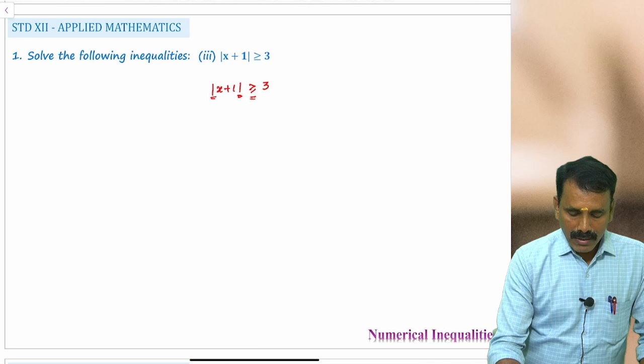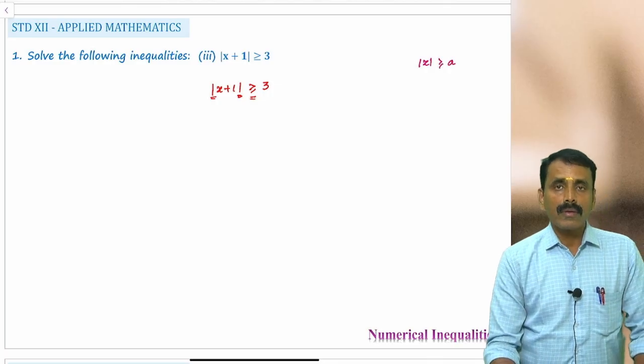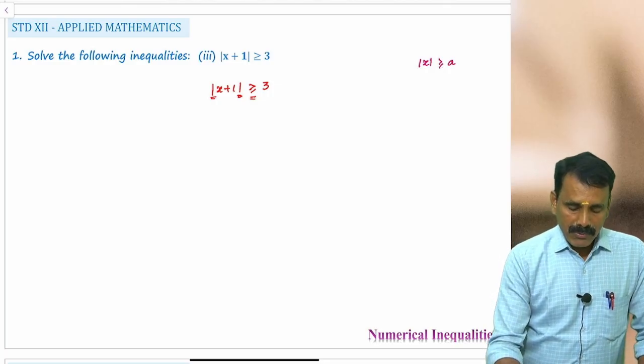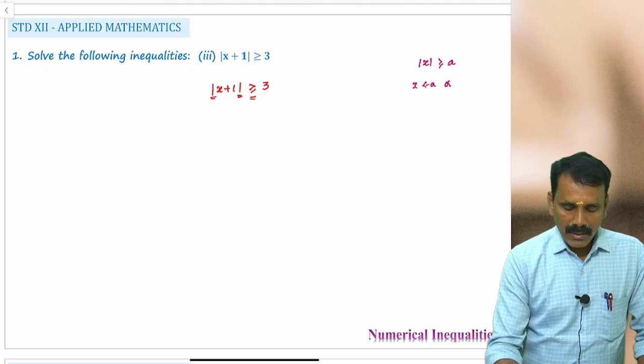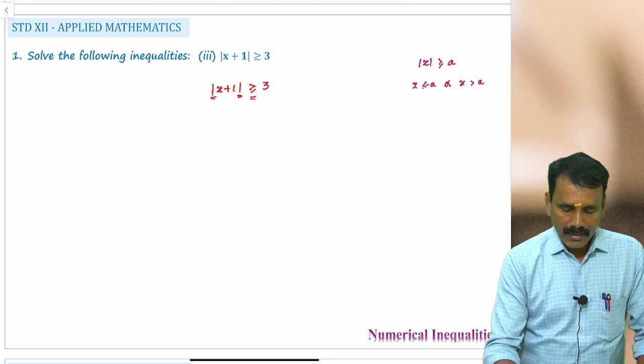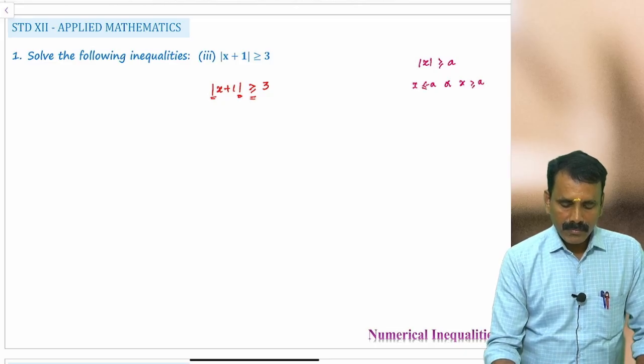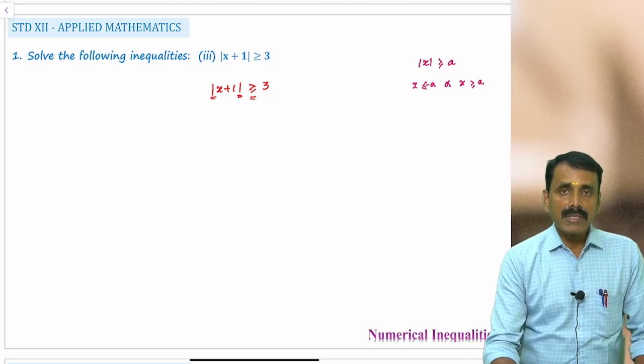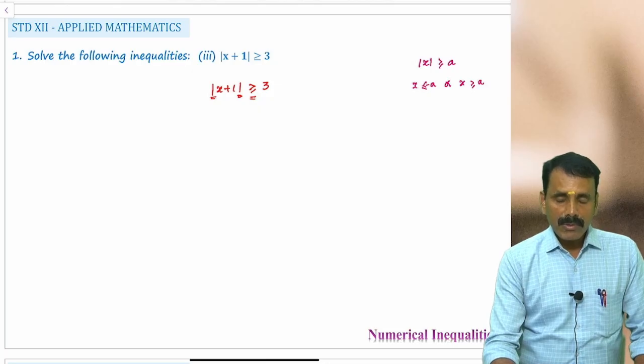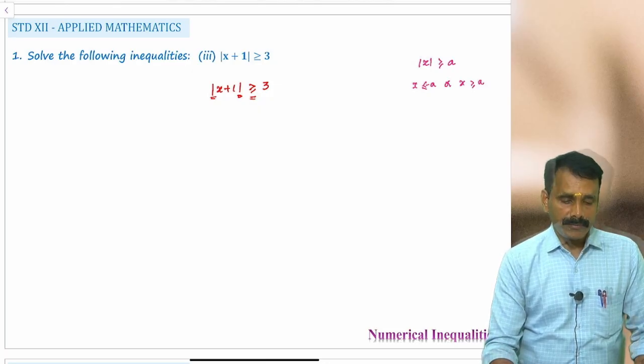Whenever we have mod x greater than or equal to a, your x will be less than or equal to minus a or x will be greater than or equal to plus a.